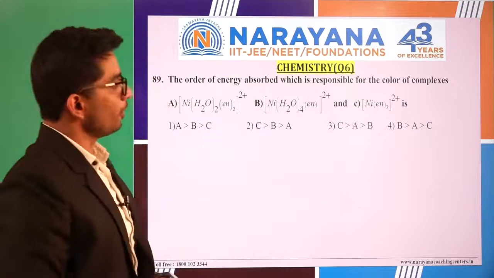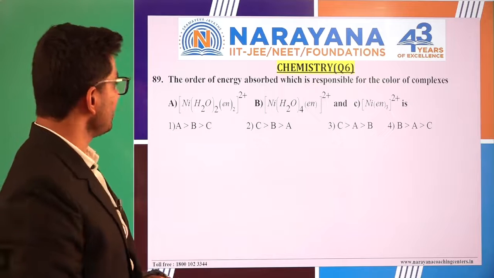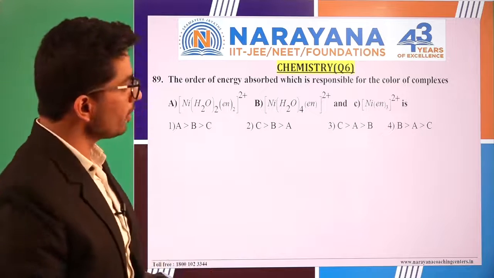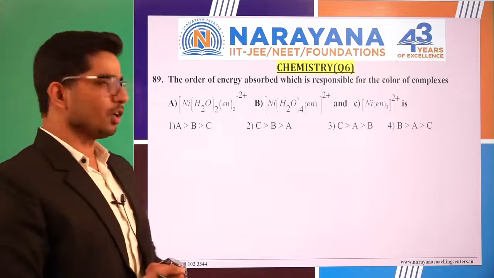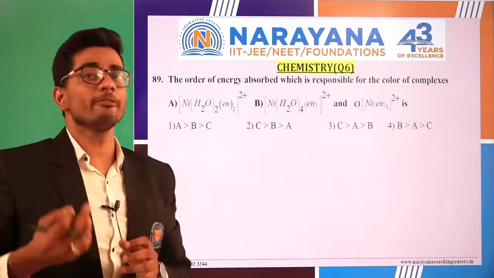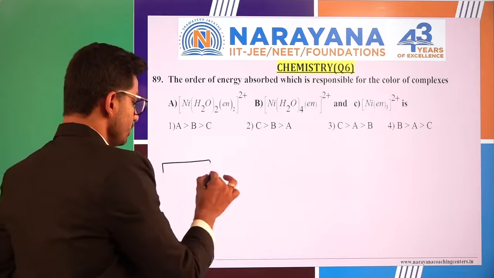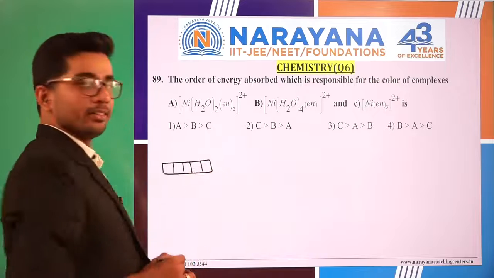Next question from coordination compounds. So here we have compounds, and the question is the order of energy absorbed which is responsible for the color of complexes. So what happens according to CFT, that is crystal field theory, we have d orbitals which are not degenerate.